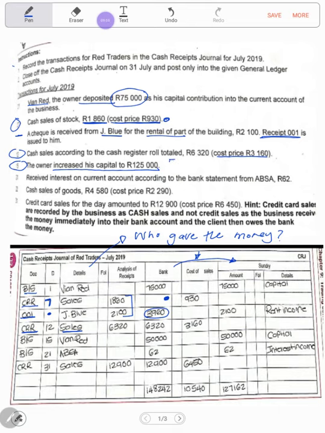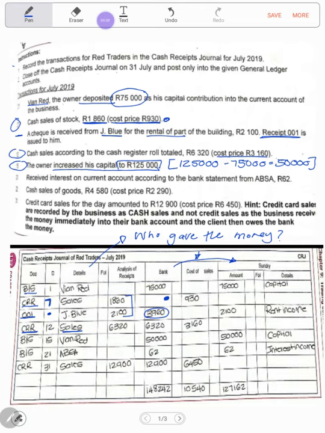So you need to find the difference. How much did the owner have to put in to increase his capital to 125,000? So I'll say 125,000 subtract 75,000. He increased his capital by 50,000 Rand in order to get it to the value of 125,000. I hope that makes sense to you, grade 8s.